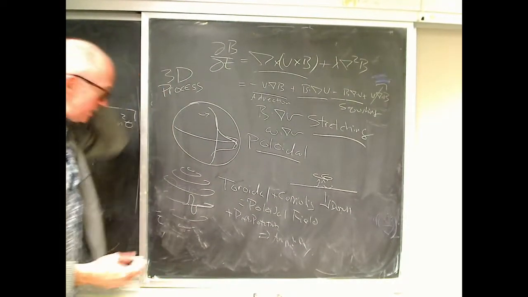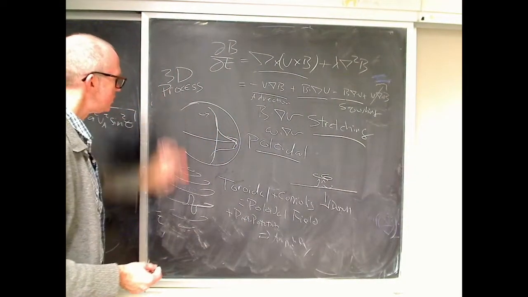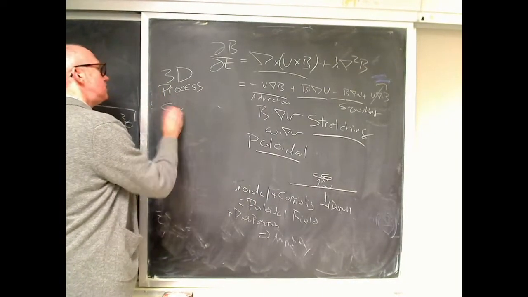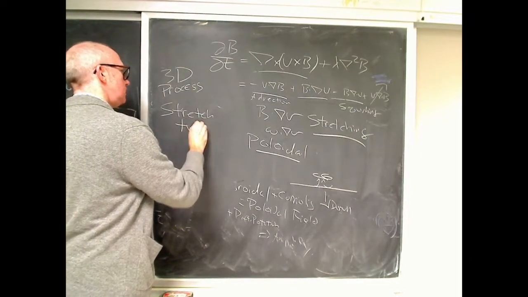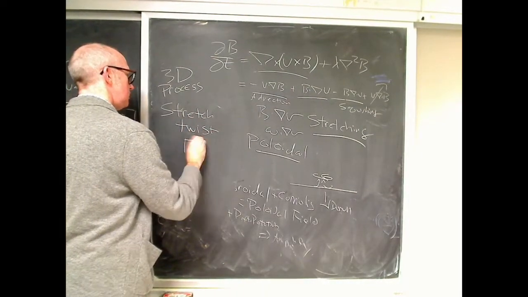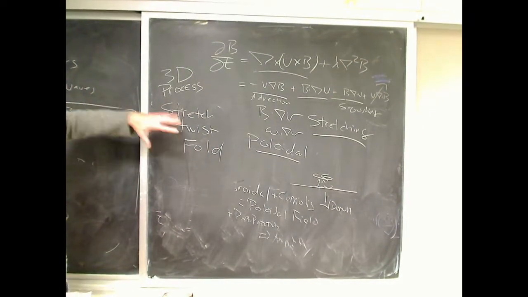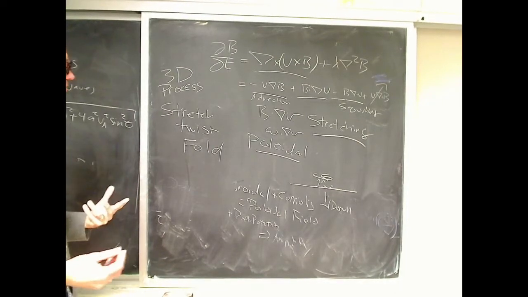So this process is often referred to as stretch, twist, and fold, which is also the name of a book. By this process of stretching, twisting, and folding the magnetic field back on itself, we get more magnetic field.